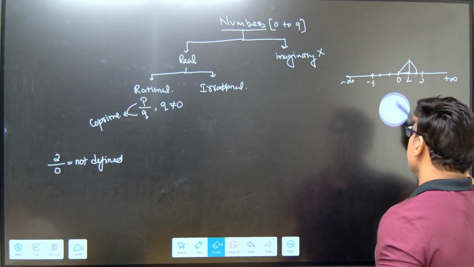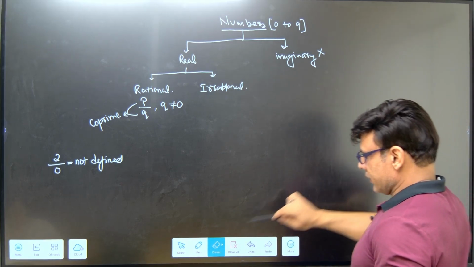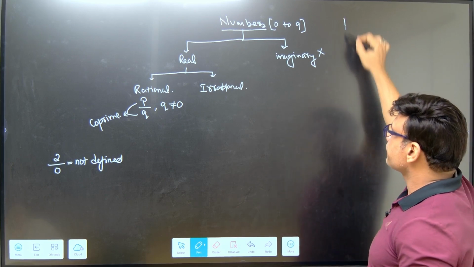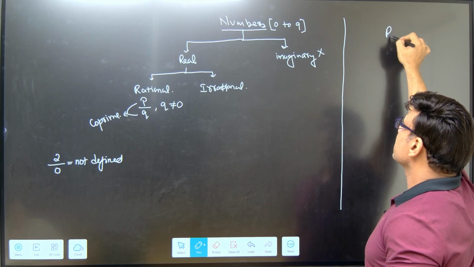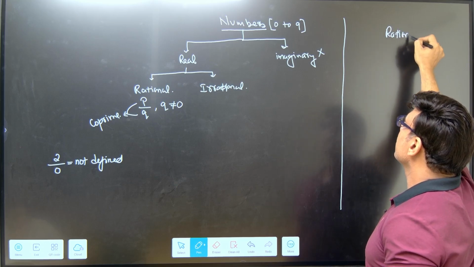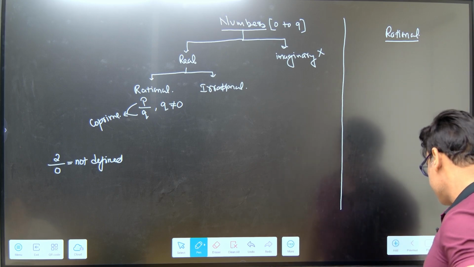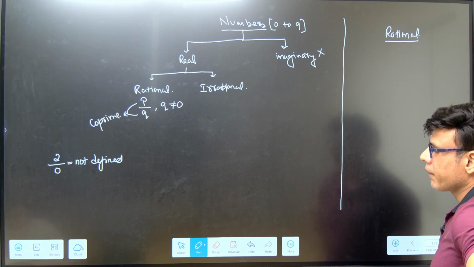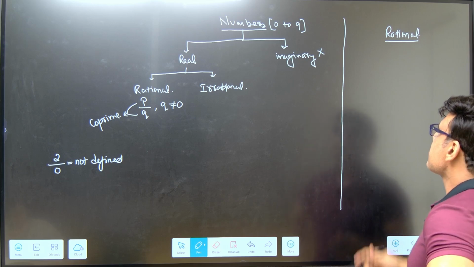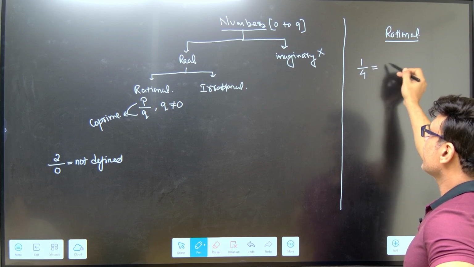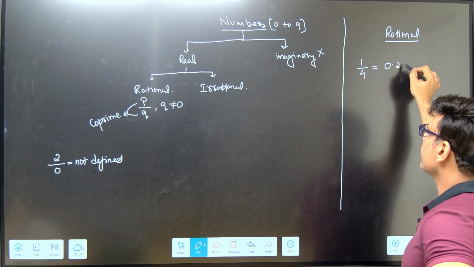Now, rational numbers are of two types. Look at this, 1 by 4. If I divide 1 by 4, the division will give you 0.25.